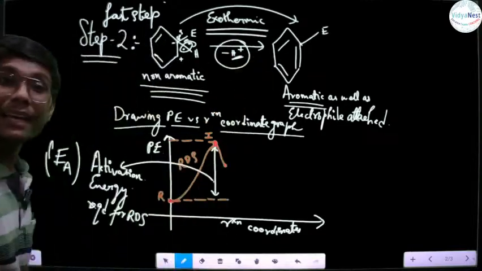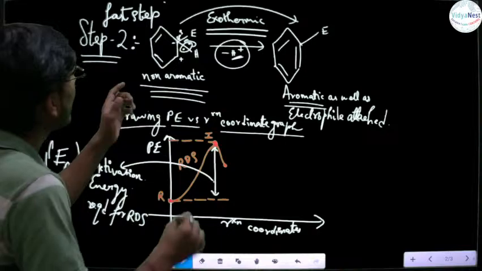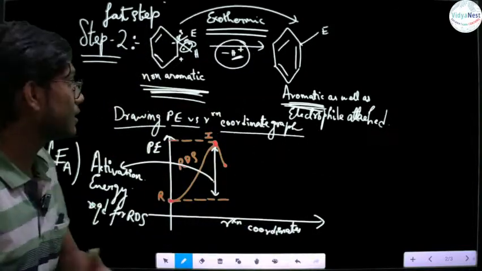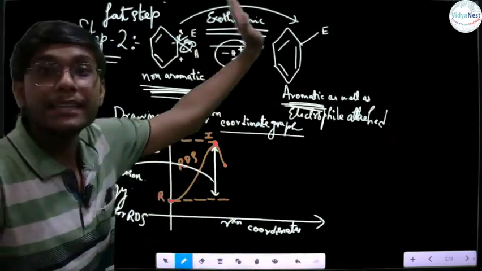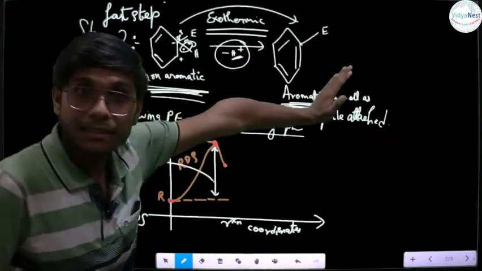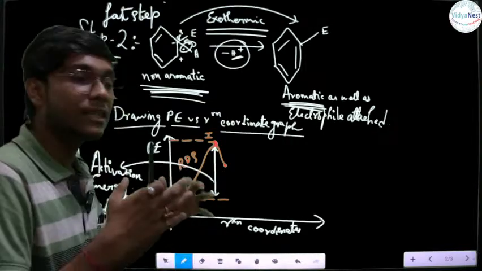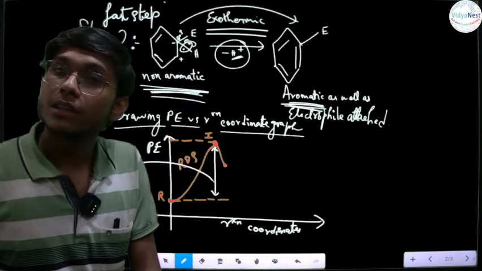If it's an exothermic step, we are moving from a non-aromatic substance to an aromatic substance again. Pay attention. Non-aromatic to aromatic means stability is increasing. If stability is increasing, energy is decreasing, right? Potential energy and stability are inversely related to each other. A compound which has higher energy has lower stability, and one which has lower potential energy has higher stability.